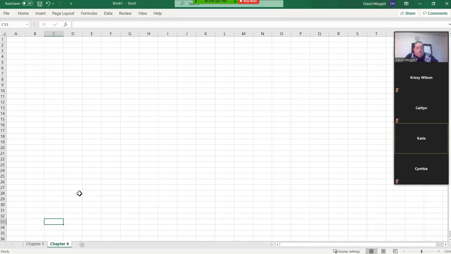There are some step-by-step instructions on how to use Excel to do different things too. We'll probably use those as we go along and go through this.